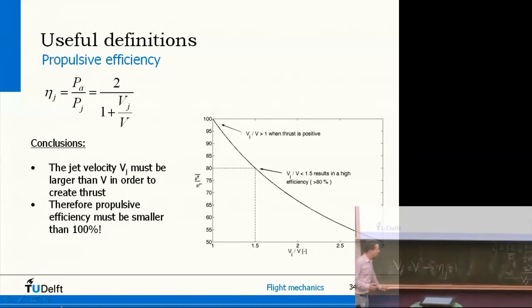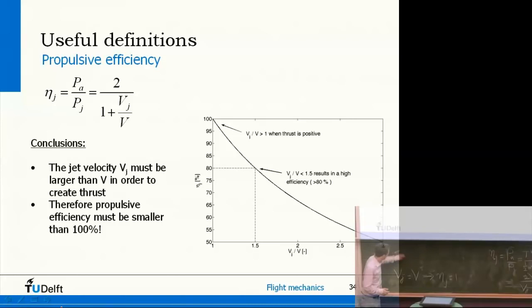But, of course, thrust is basically mass flow times the change in velocity. So if you start creating thrust, the jet velocity will be higher than the airspeed, and therefore this eta j, which depends on these two terms, will always be smaller than 1.